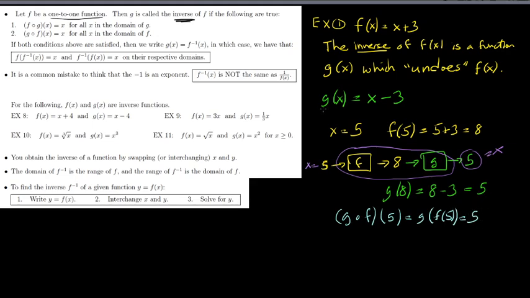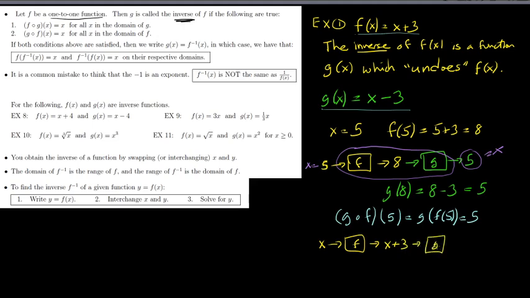So the inverse of this function, f of x equals x plus 3, just subtracts 3, and you get back your original number, in this case 5, but it didn't have to be 5. You can pick any number. You pick any x, plug that into f, and out comes 3 more than that, x plus 3.